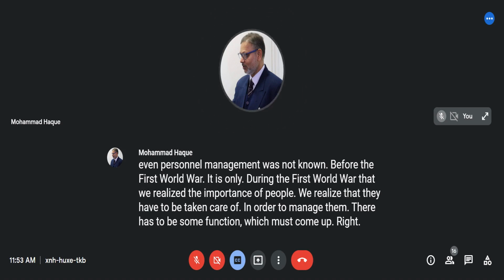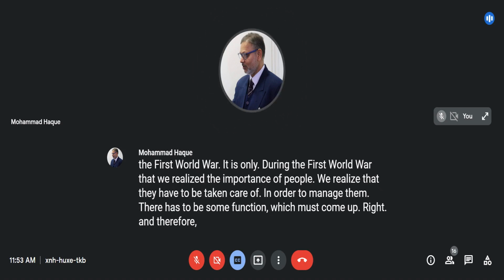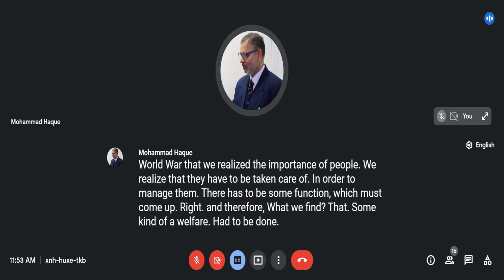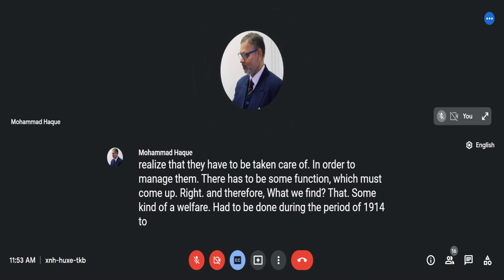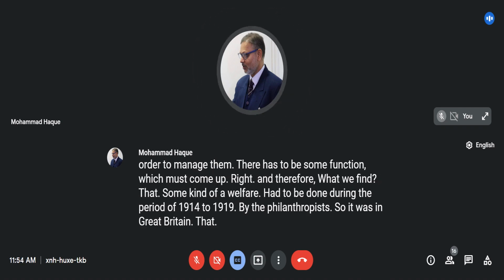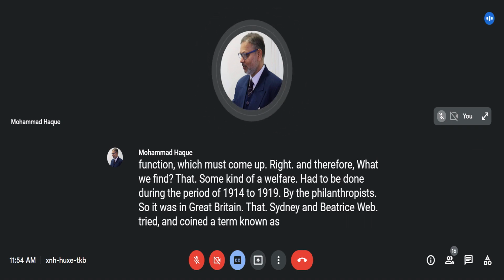Therefore, some kind of welfare had to be done during the period of 1914 to 1919 by the philanthropists. So it was in Great Britain that Sidney and Beatrice Webb tried and coined a term known as personnel management.